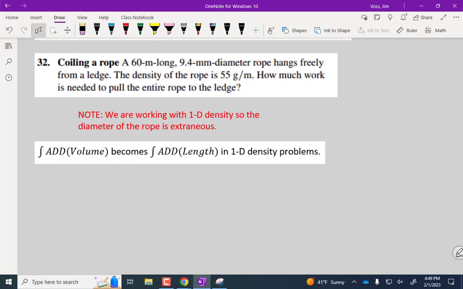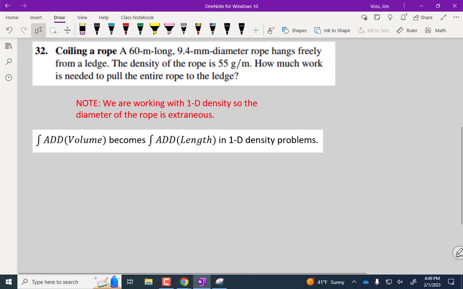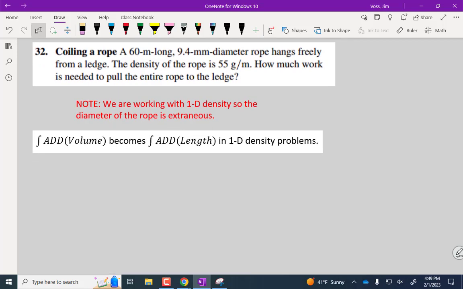Here we've got a 60-meter rope. They tell us the diameter is 9.8 millimeters. Ropes got thinner than they used to be. And it hangs freely from a ledge. So we've got this 60-meter rope hanging off the ledge. Now, notice density.